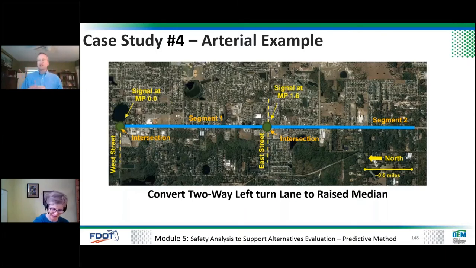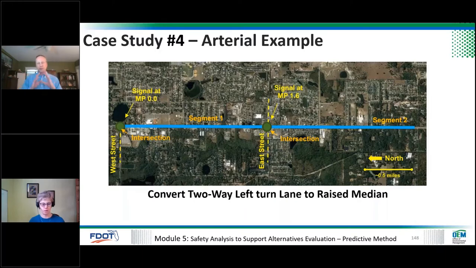Okay, so case study number 4, arterial example. We've got an urban condition with a little over 3 miles of road that currently has a center 2-way left turn lane, and we have a PD&E project.